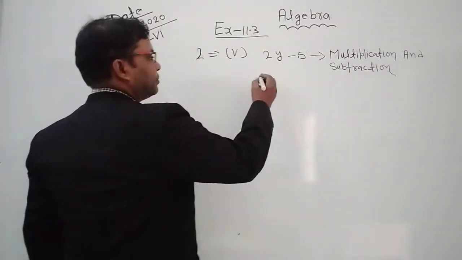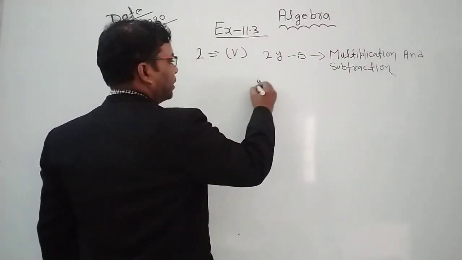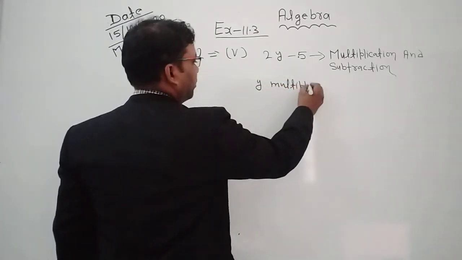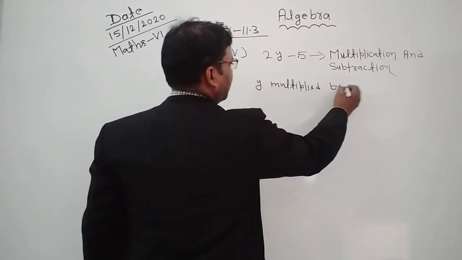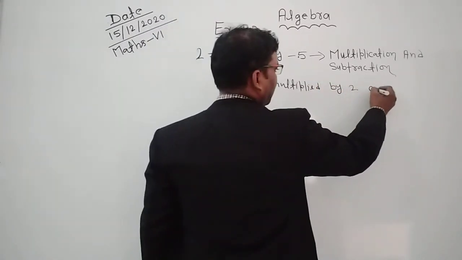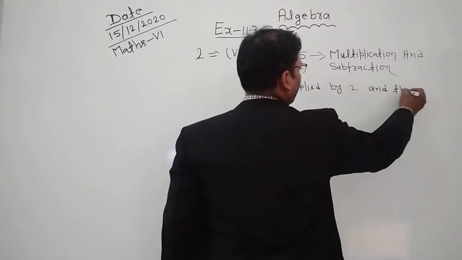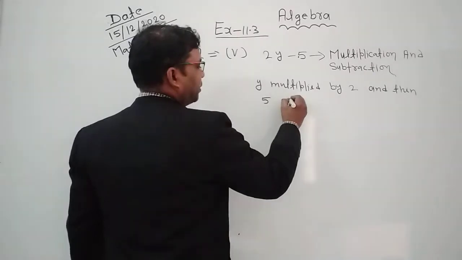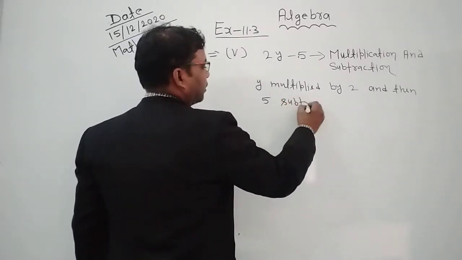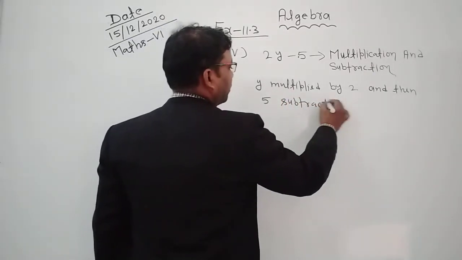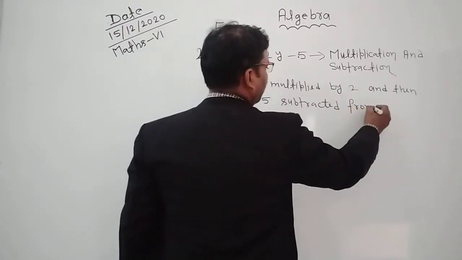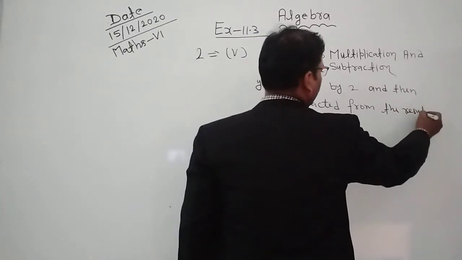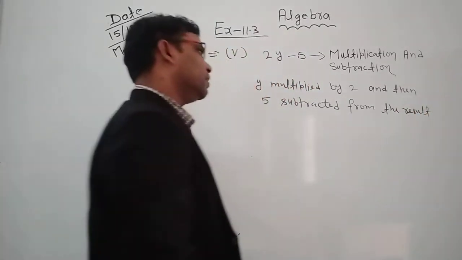So you write first y multiplied by 2, and then 5 subtracted from the result. You can also write the product.